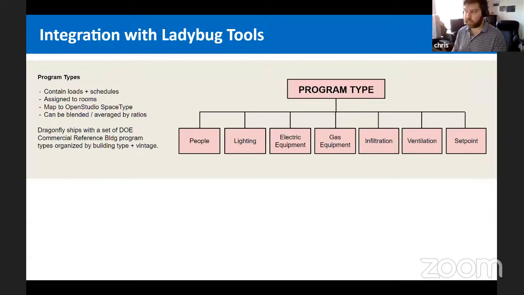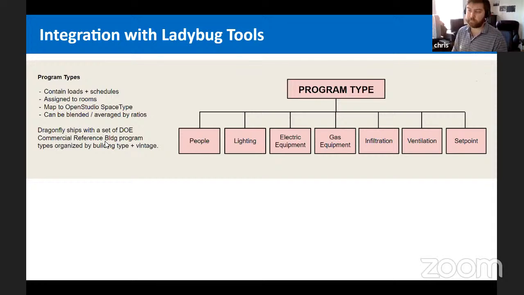And you can create these objects from scratch using the components in the Grasshopper interface we've put together. But we also include an entire library of programs with the Dragonfly plugin that come from the Department of Energy commercial reference buildings and the OpenStudio Standards Gem.